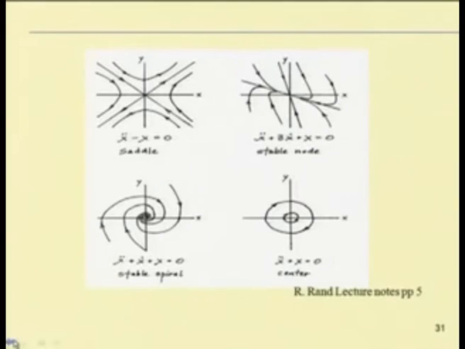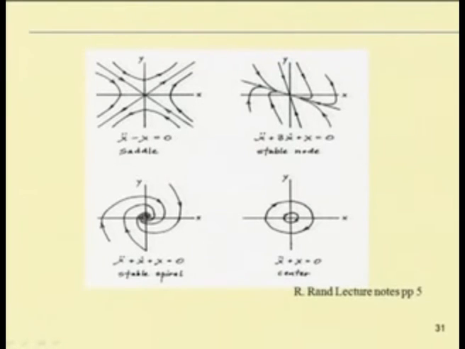So, let us see some other examples also. In this case we have taken x double dot minus x equal to 0. So, already I told the response. In this case the response will exponentially grow, and this corresponds to a saddle point. And in this case x double dot plus x equal to 0. In this case the response will converge to this point.